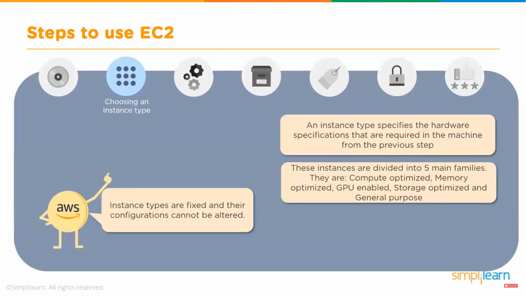Now these instance types are fixed and they cannot be altered because it's hardware based. We buy hardware. Well, we have options, but we do not have control over the hardware. And these instance types are divided into 5 main families: compute optimized, memory optimized, GPU enabled, storage optimized, and general purpose.